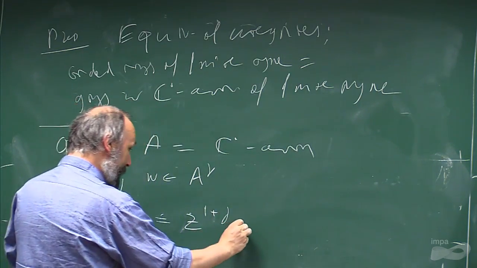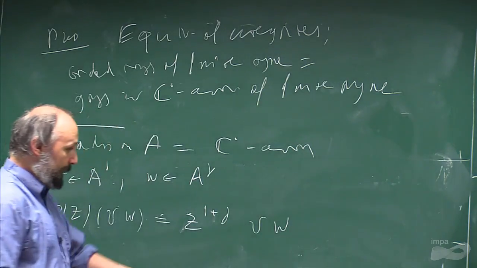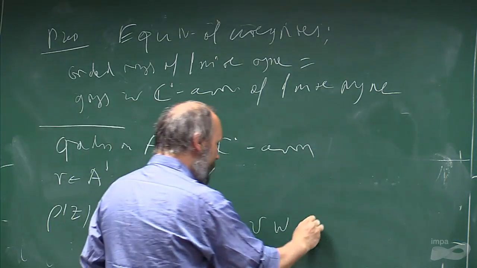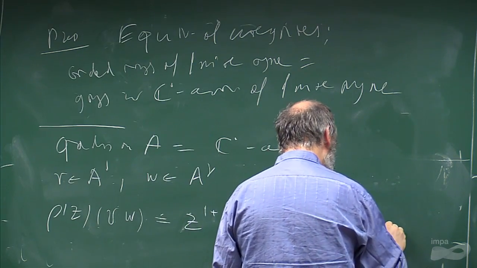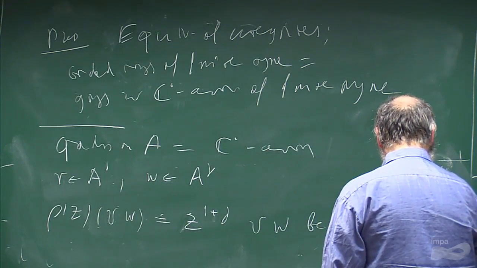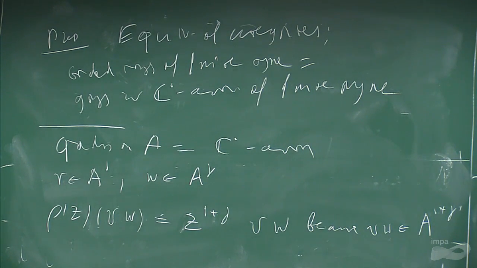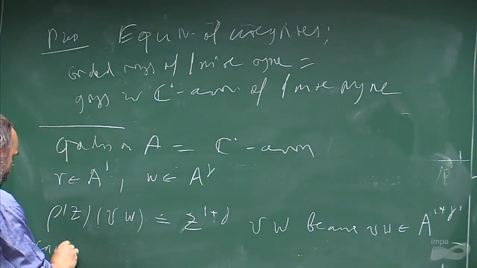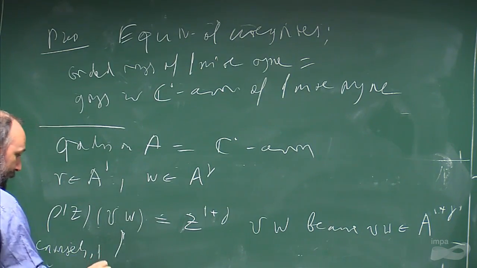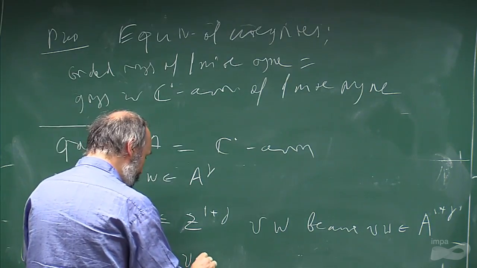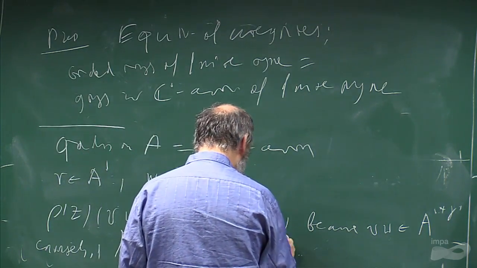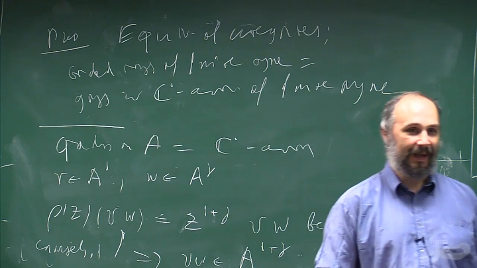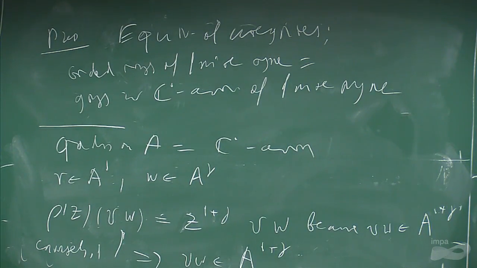This is because vw belongs to A_{i+j}. Conversely, if this is true, then vw belongs to A_{i+j}. So compatibility with C star action is precisely the same as this.